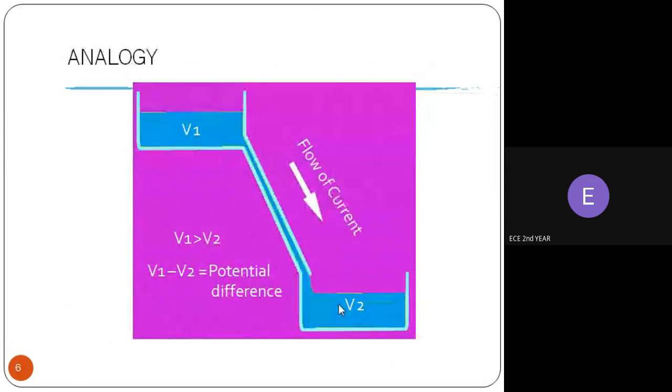So voltage and current can be explained in this way. Say V1 is the voltage at a point and V2 is the voltage at another point. The value of V1 is greater than V2.